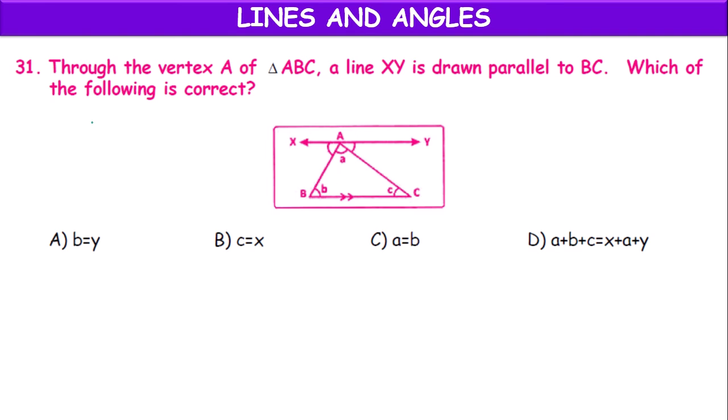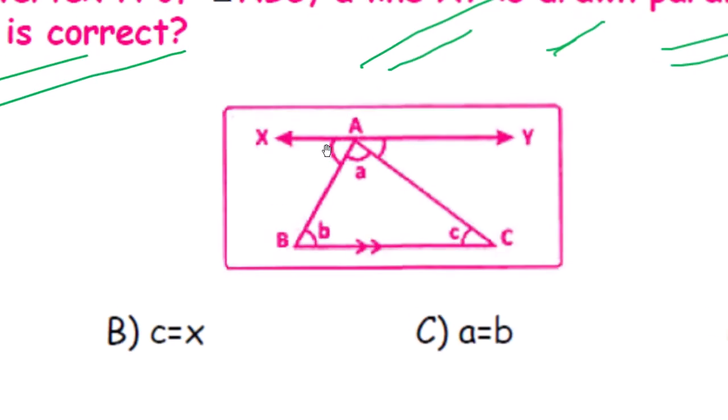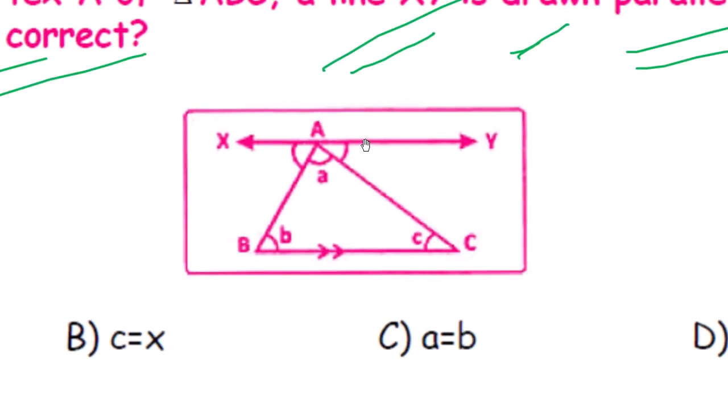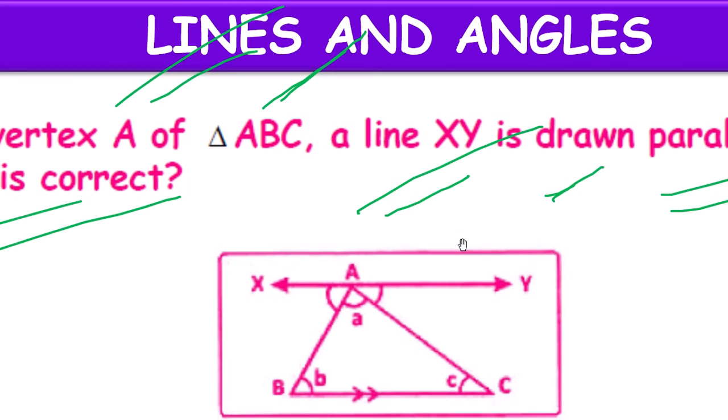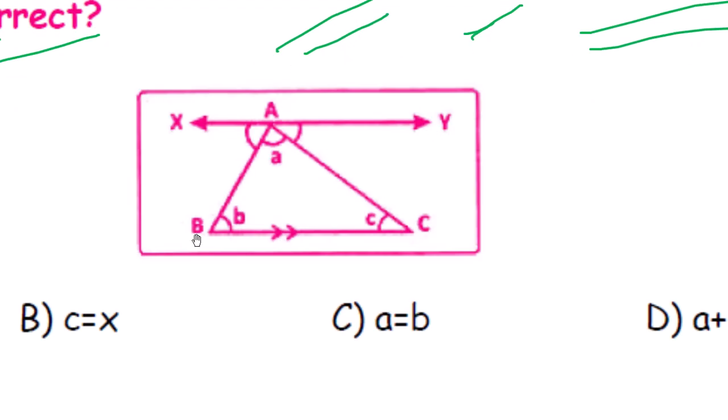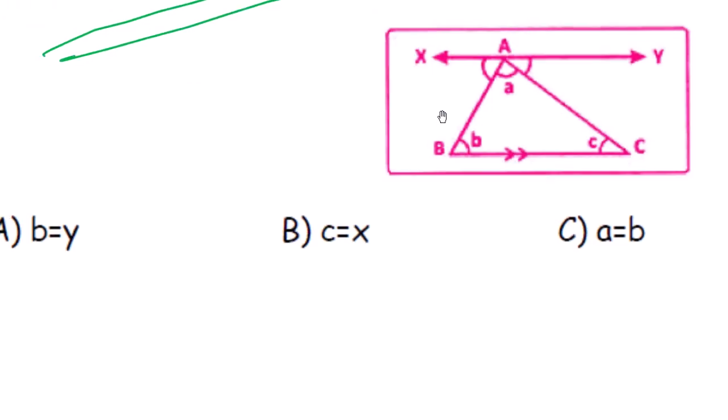Next one. Through the vertex A of triangle ABC, a line XY is drawn parallel to BC. Which of the following is correct? Through the vertex A of triangle ABC, we have drawn a line XY parallel to BC. Then which of the following is correct?